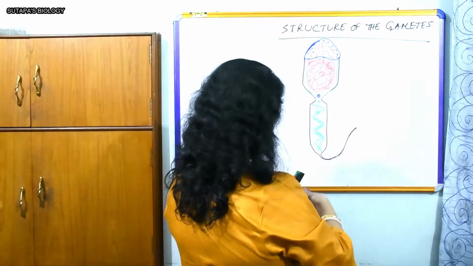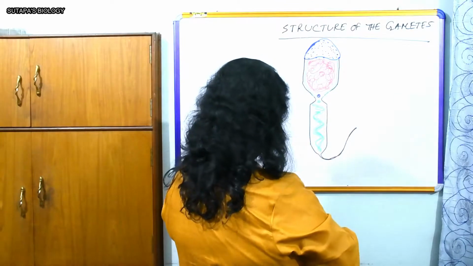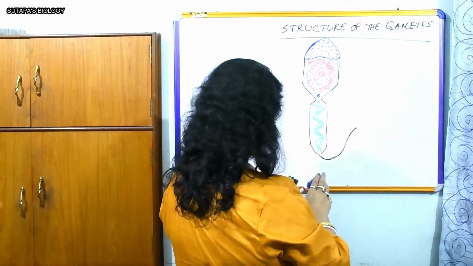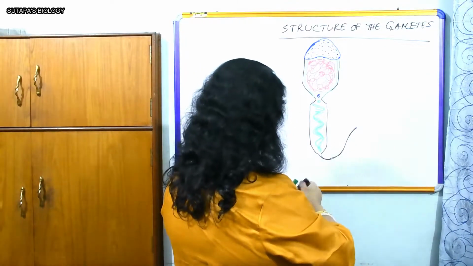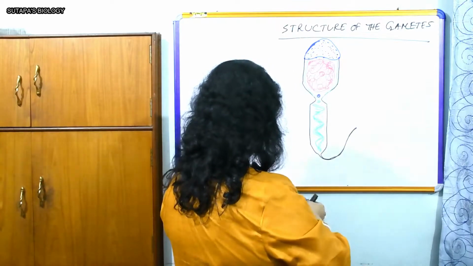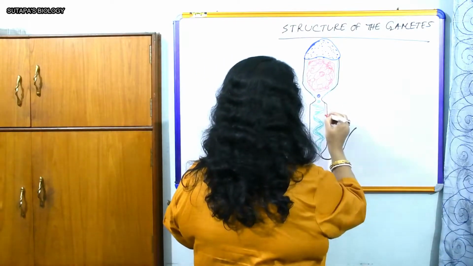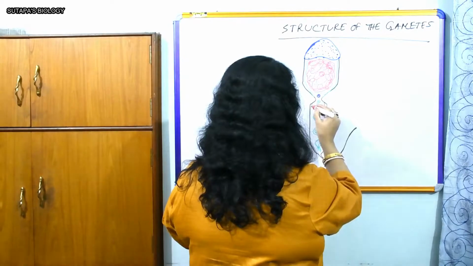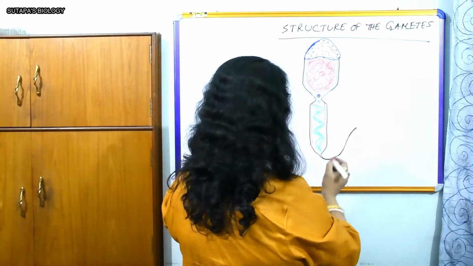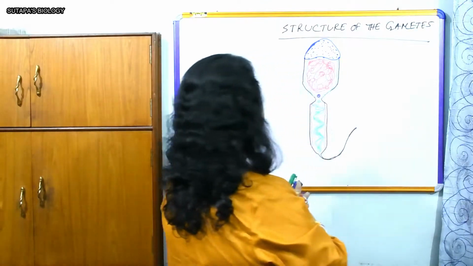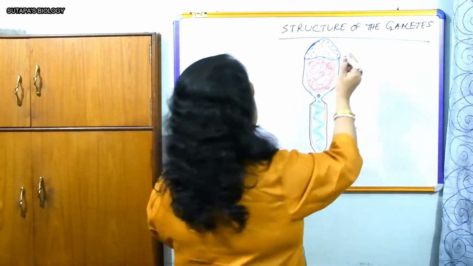Now, there is a thin layer of the cytoplasm, which we can see in the middle piece. This is the layer of the cytoplasm, and after that the tail is starting. So we can divide the total structure in 4 successive phases.